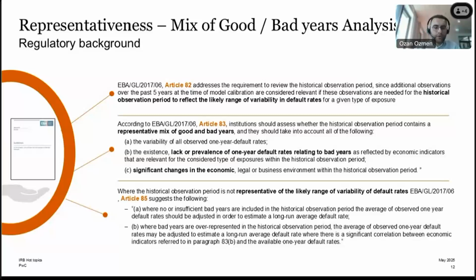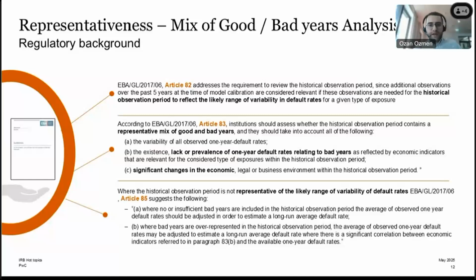Also, one point is that in this representativeness framework, all the dimensions gain a bit more importance since the European energy crisis, because now it becomes more relevant where the application portfolio shifts. So this mix of good year, bad year analysis is just one of the dimensions that you can see as current and foreseeable economic or market conditions.